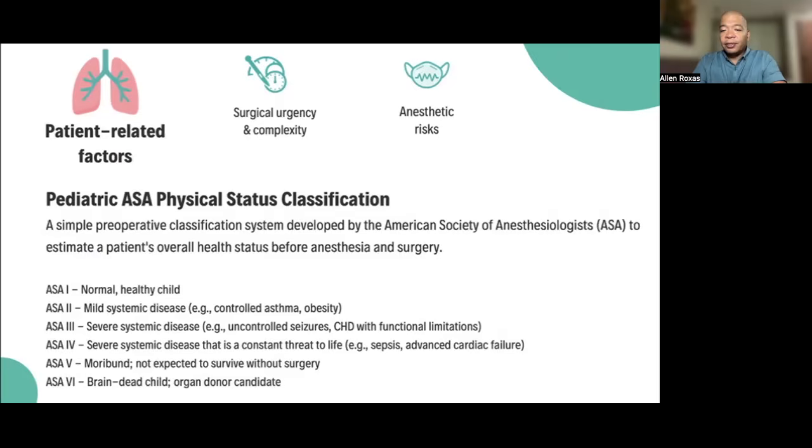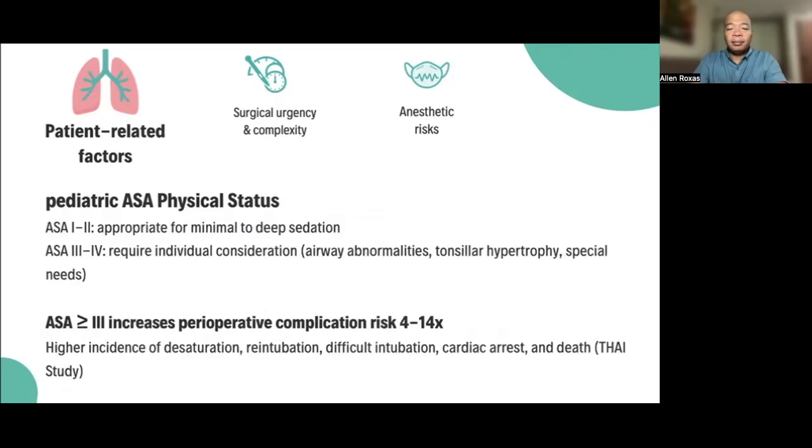ASA 4 refers to severe systemic disease that is a constant threat to life, such as sepsis or advanced cardiac failure. ASA 5 is moribund. The patient is not expected to survive without the surgery. And ASA 6 is a brain dead child who is also an organ donor candidate.